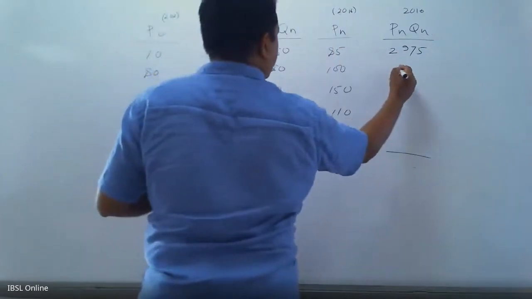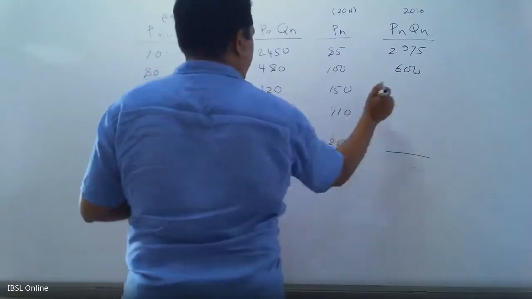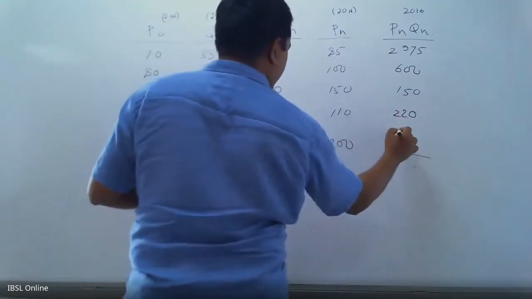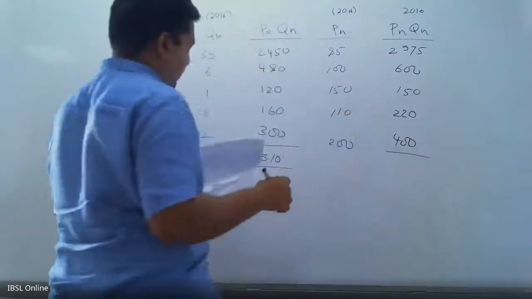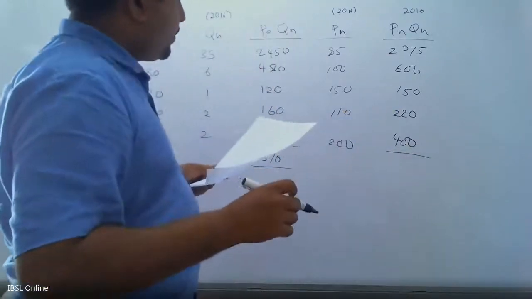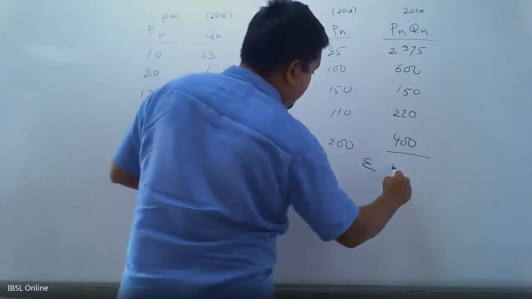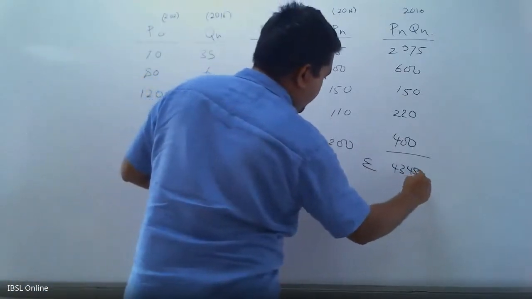This is 600. This is 150. 220 and 200. The sigma of this part shall be 4345.